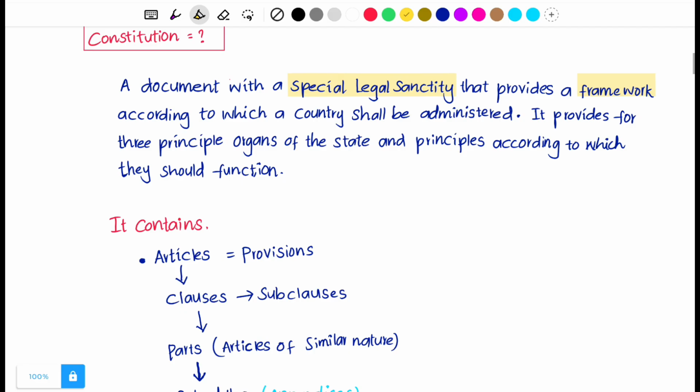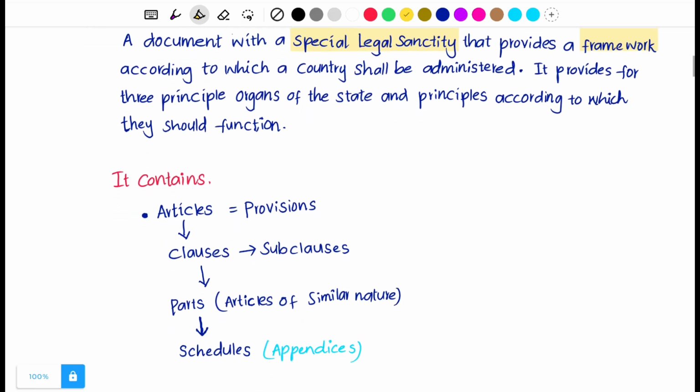The articles are further divided into clauses, and clauses are further divided into subclauses. Let's say we have an article 1. In that article 1, we have clause 1, clause 2. Also, those clauses are further divided, the first clause is further divided into subclauses like 1A, 1B, and so on.